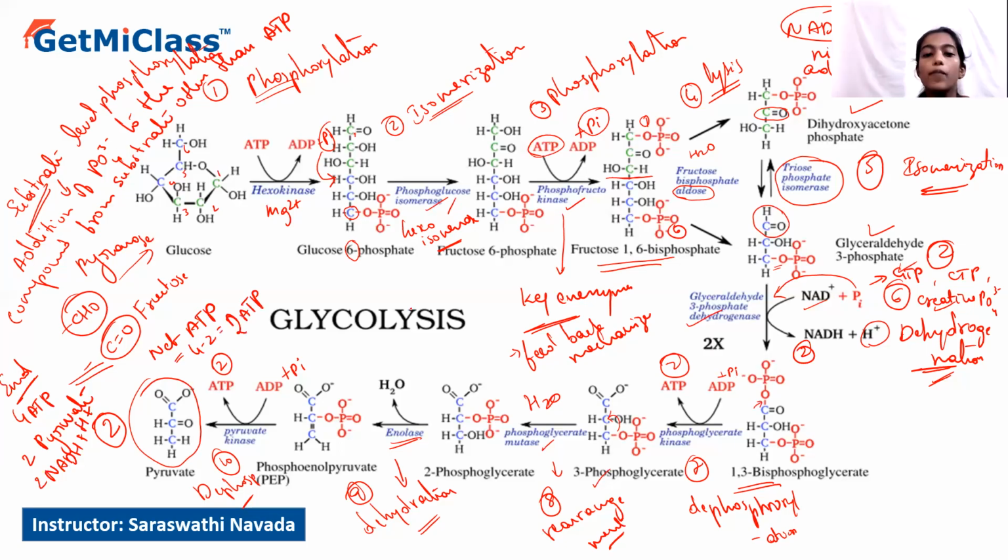Hence, the end products of glycolysis include 2 molecules of ATP, 2 molecules of pyruvic acid, as well as 2 molecules of NADH plus H plus. So that is regarding the detailed account of glycolysis. In the next step, we'll see the mechanism of anaerobic respiration, which mainly deals with ethyl alcohol fermentation as well as lactic acid fermentation.